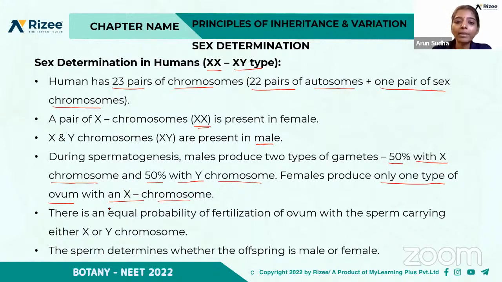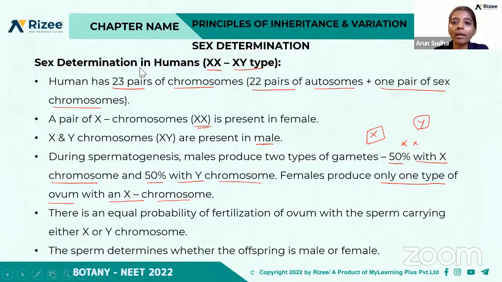So there is a probability of fertilizing the ovum. Here the gametes are 50% with X, other 50% with Y, but the ovum is only with X. So when the fertilization, that is the fusion between the male and the female gamete, occurs, this ovum has the probability of fusing with the X or with the Y. So 50% probability of fusion with the X or 50% probability of fusion with the Y. So it is only the sperm which determines whether the offspring is male or female.